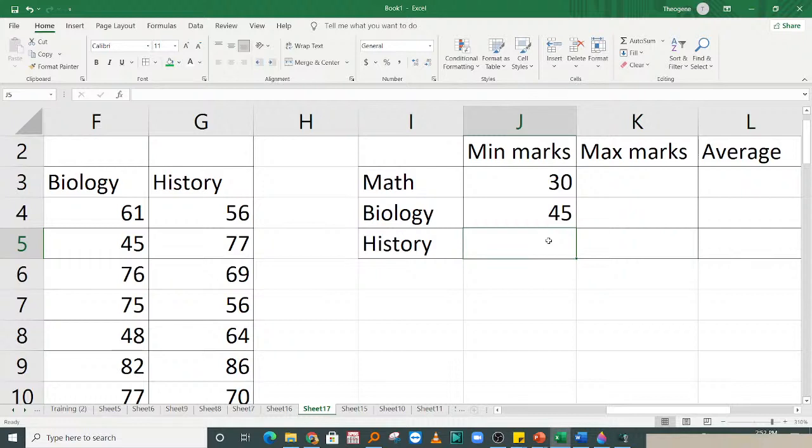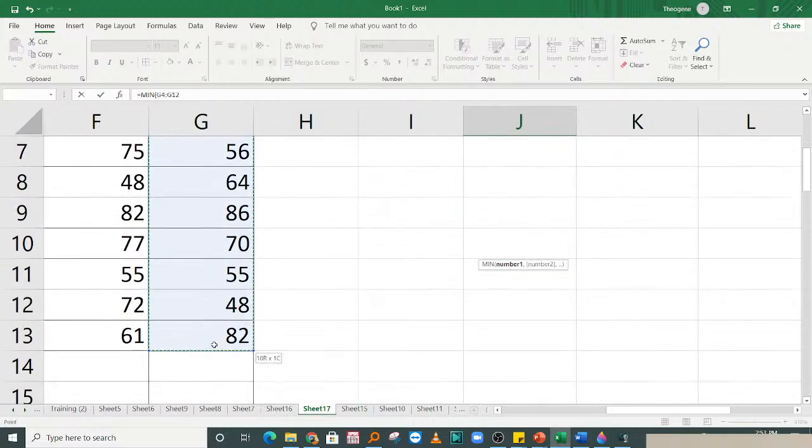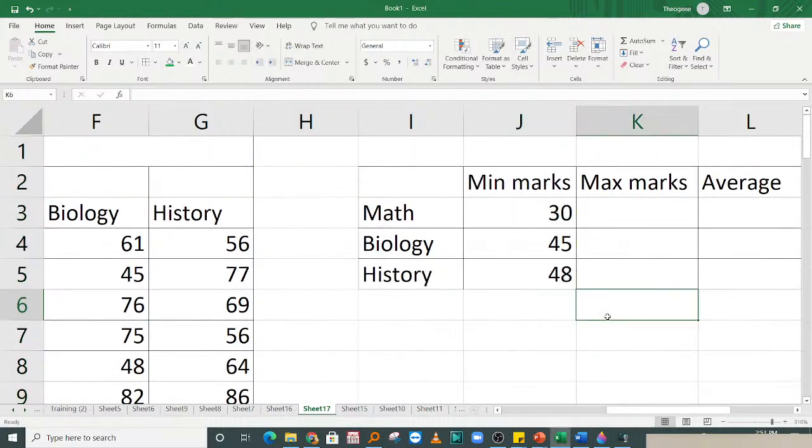The minimax in history, okay, we have this. Oh, here you can say, oh, the minimum in history is 48. Students have worked hard. Yet the minimum in mathematics, you say mathematics is very, very difficult because one of the students has scored 30 marks in the exam. So this doesn't tell you if the course was difficult or not.